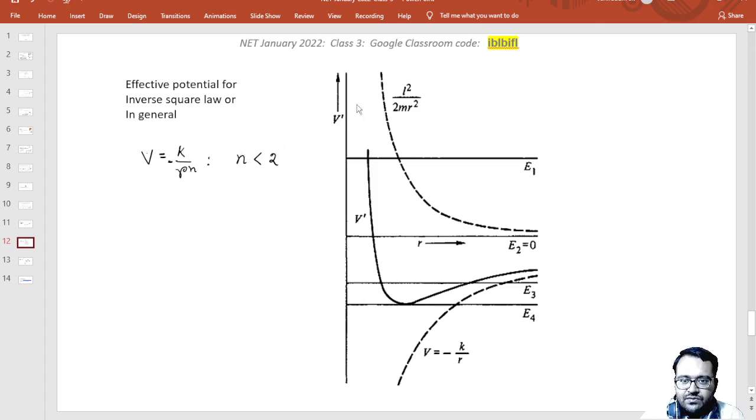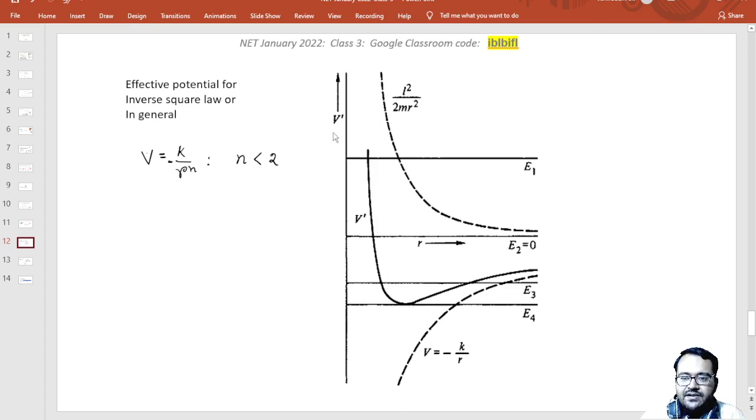If n is less than 2, the effective potential shape will be like this. At r equals 0 it diverges to infinity, and as r tends to infinity, it goes to 0 in both ways. This will be, say, minus k by r, or minus k by r to the power 1.5, etc. As you see from the algebra, there will be a minimum of the effective potential there, and this will diverge.